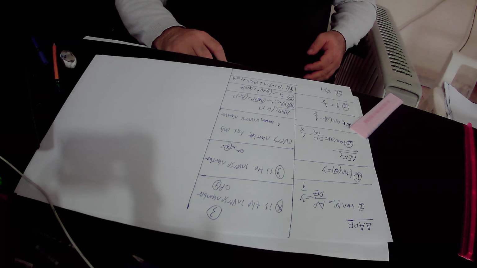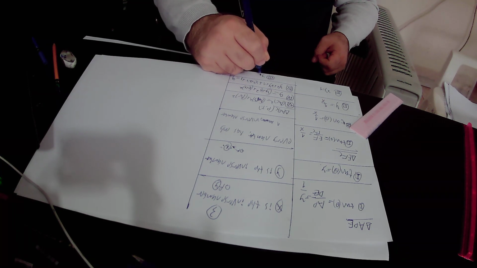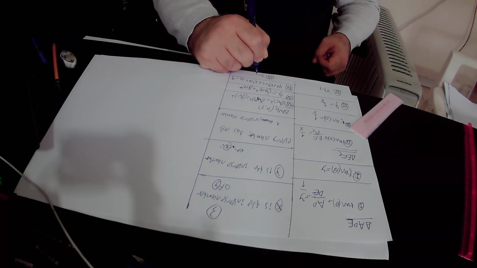But according to equation number 3, we know that y equals 1 over x.